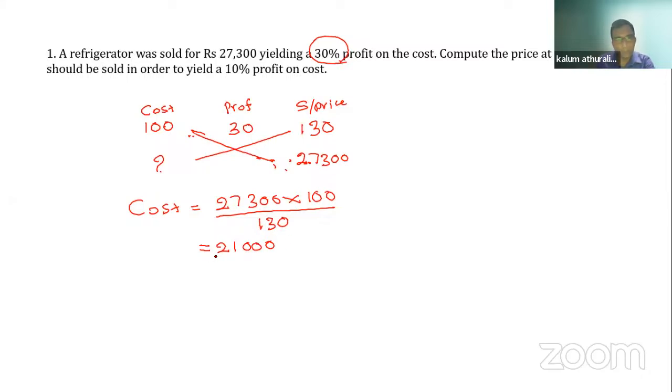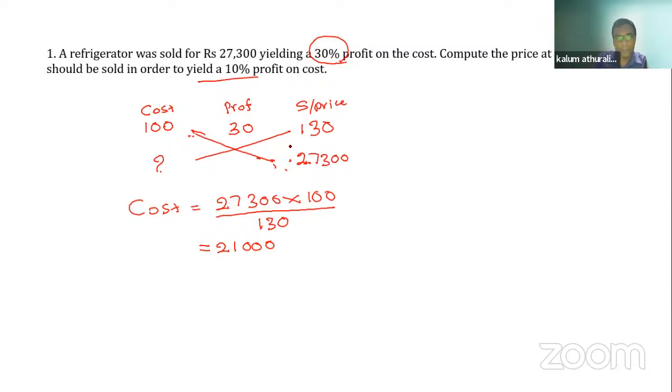This is the cost. But the question is to compute the price at which it should be sold in order to yield a 10% profit on cost.